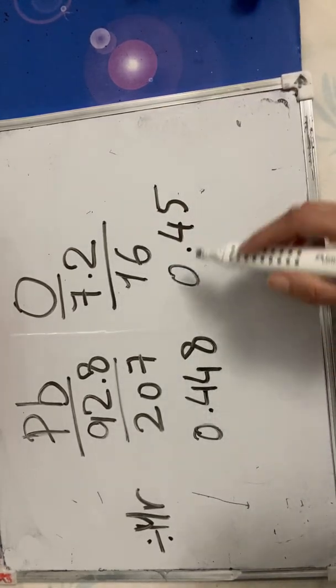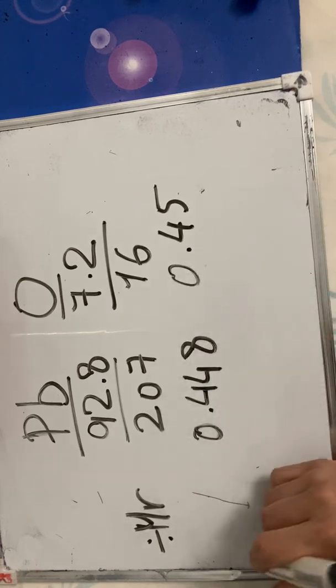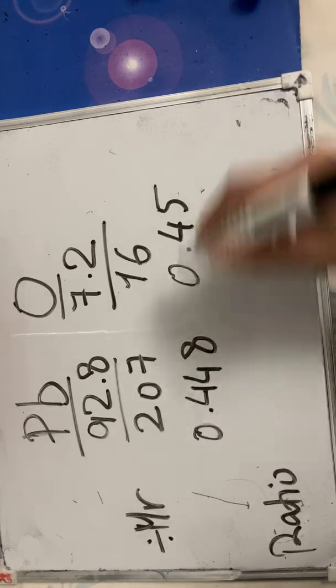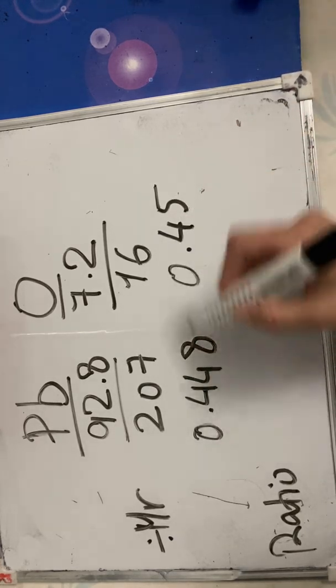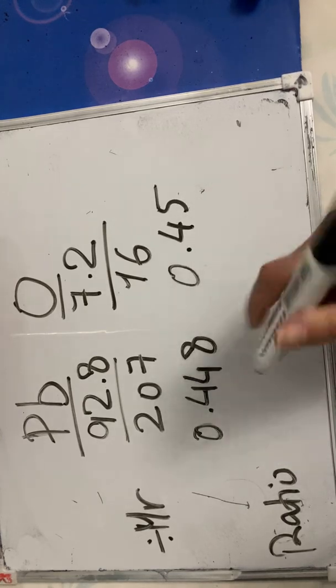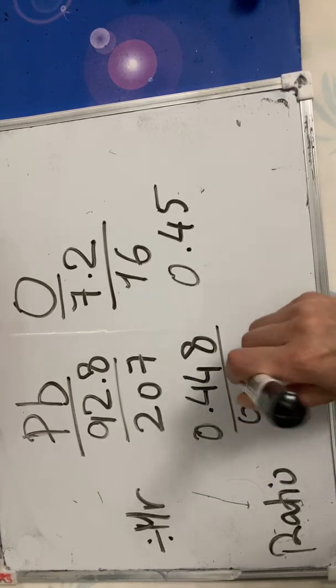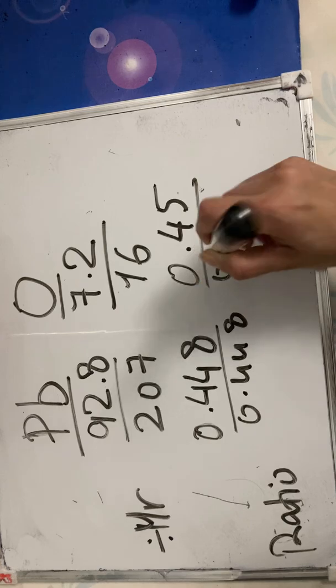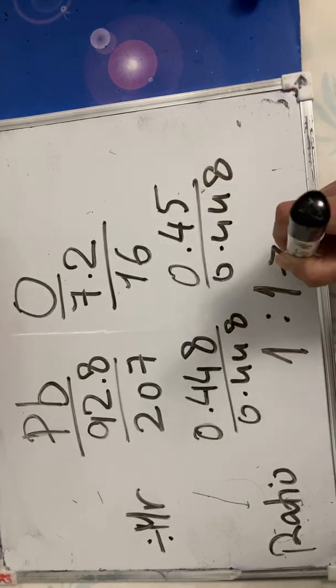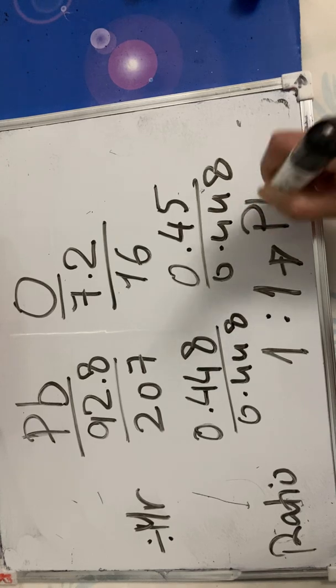So this is roughly the same. Okay, so when we get a ratio, we divide both by the smallest. This is smaller than that, but we approximate in this case because the difference is very small. So we divide both by the smaller number. Okay, the ratio is 1 to 1. So the formula is PbO.